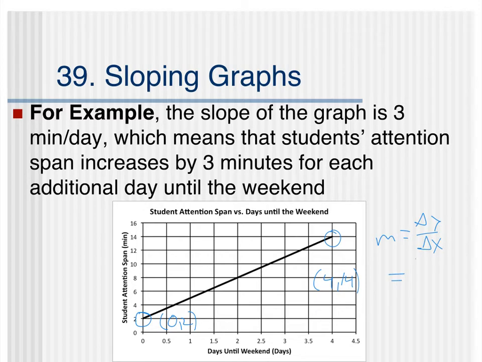That leaves me with 14 minus 2, my change in y, over 4 minus 0, or 3, and the units will be minutes per day. What that means is that the student's attention span will increase by 3 minutes for every additional day until the weekend. So it's the rate of change of the y as a function of the x.